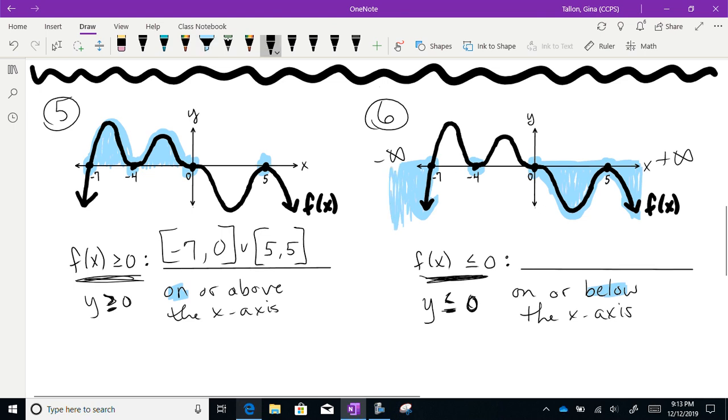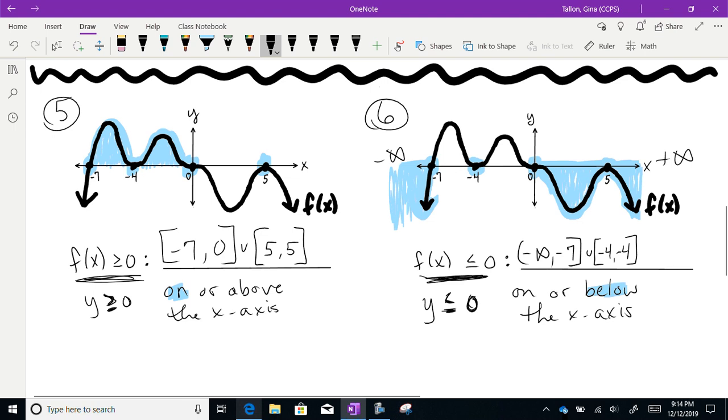So I need to begin at -infinity with an open set of parentheses, and I have to stop at -7. But I'm going to include -7 in my answer, so I want a bracket. And then I have a singleton point, this -4 right here. So open bracket, -4, -4, close the bracket, and that is the singleton point of -4, x equals -4.